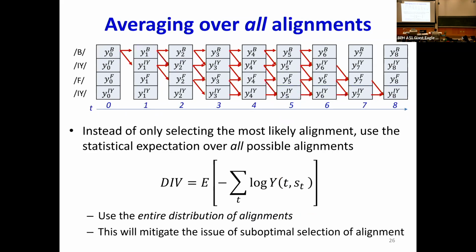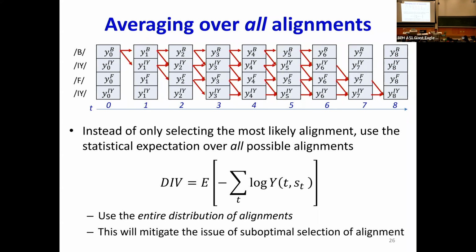Instead, I can use the soft assignment, a weighted average of the losses computed using all possible alignments, where the weight for each alignment is simply the probability of the alignment itself. This is basically taking the expected loss over all possible alignments.